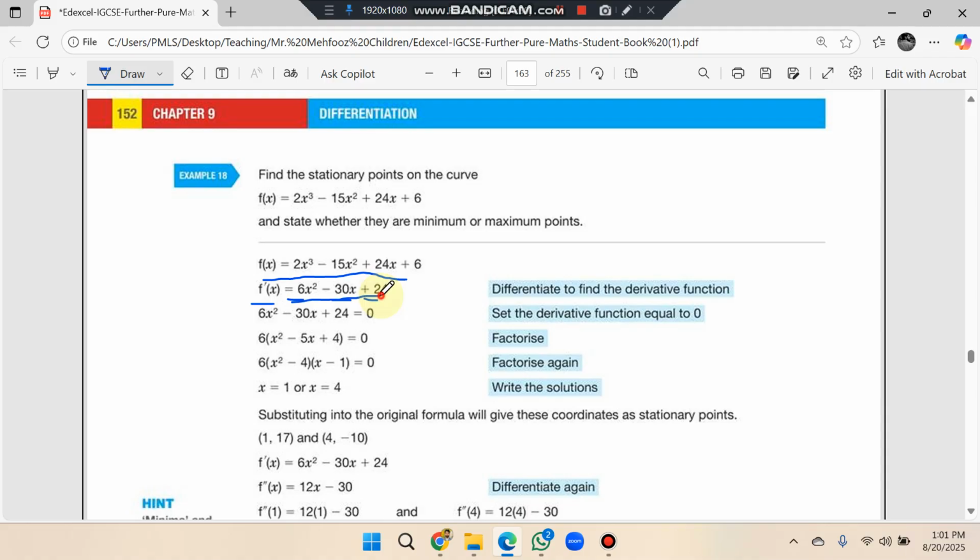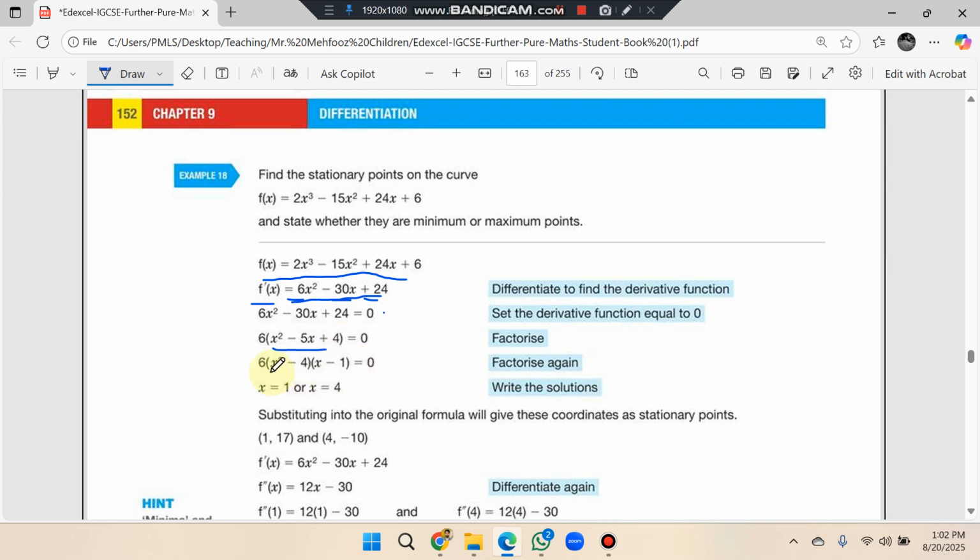We just put this equation equals to 0, and you can see that 6 can be taken as common. So your answer will be 6 times x square minus 4x minus 1 is equals to 0, because this is a quadratic equation and we solve it using the factorizing method.